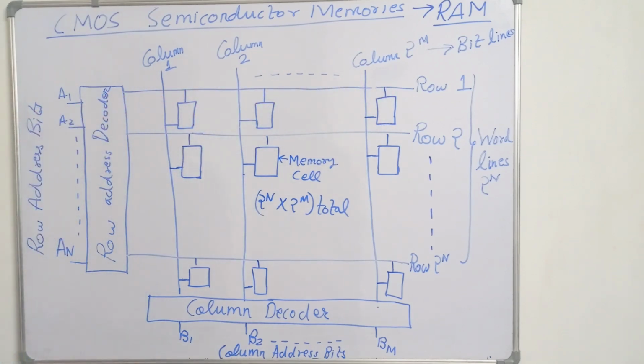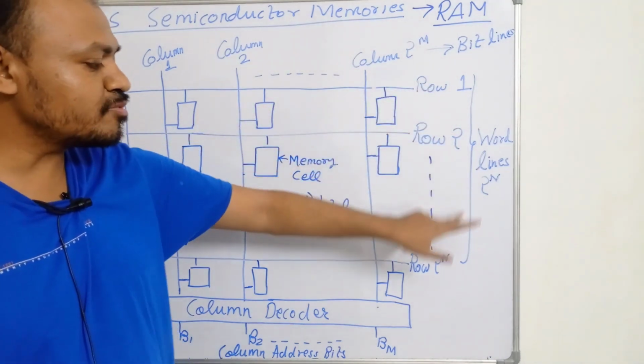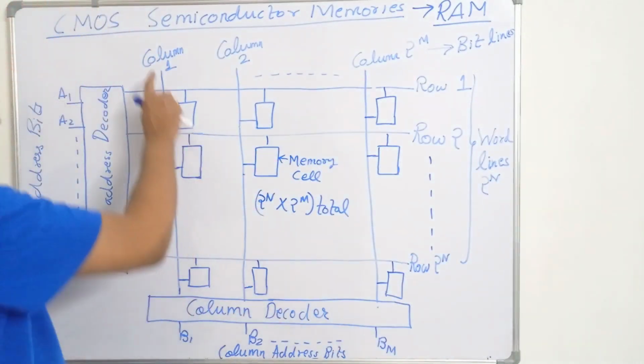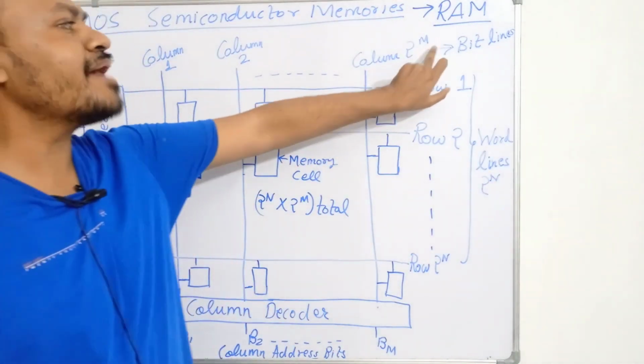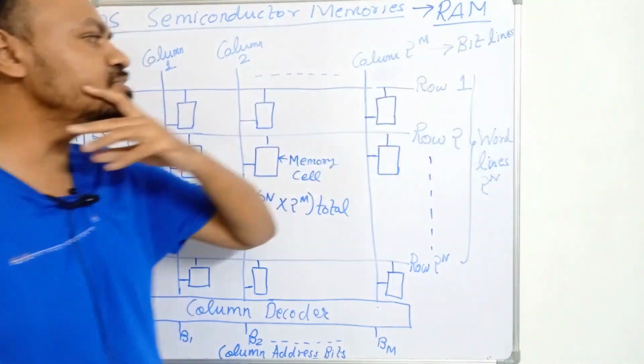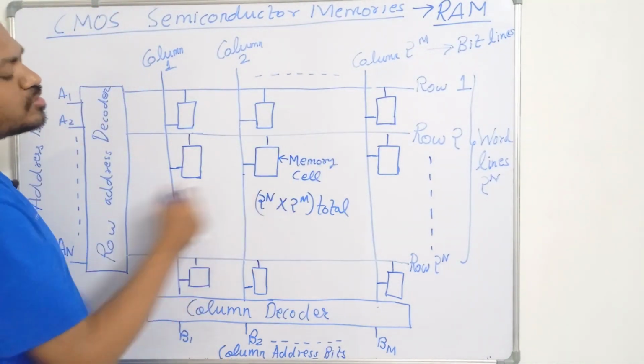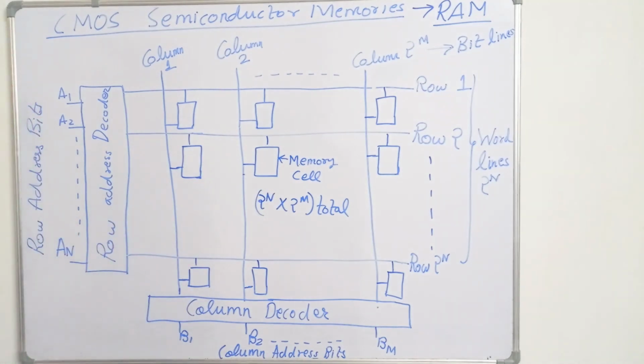So this is a very important feature. These rows, from 1 up to 2 to the power n, are called word lines, and these columns, from 1 up to 2 to the power m, are called bit lines. So we have a total of 2 to the power n into 2 to the power m memory cells in a RAM array.